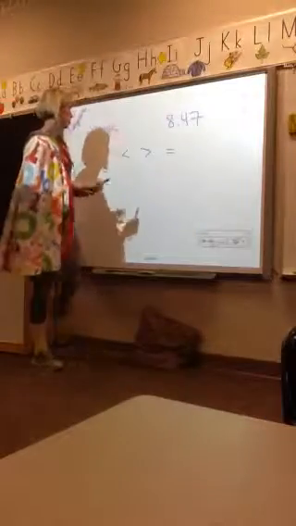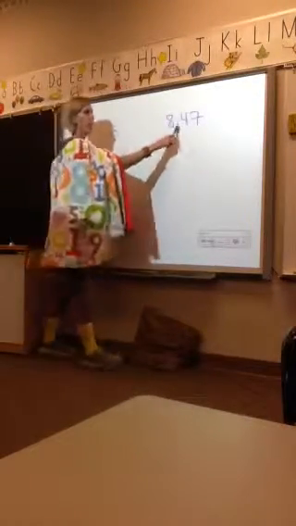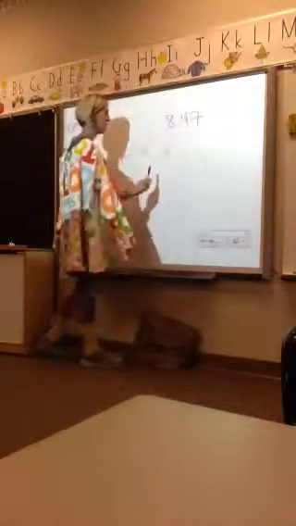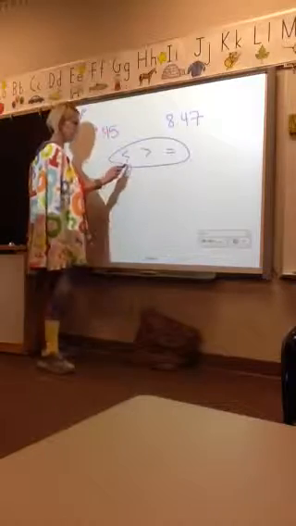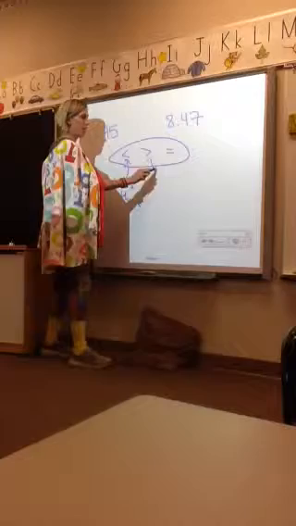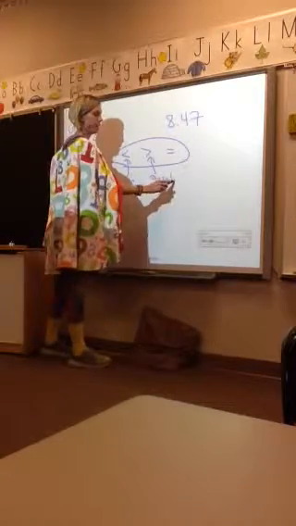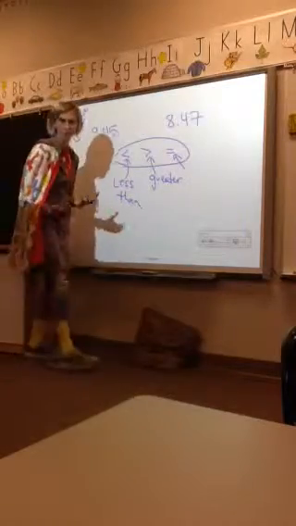So let's say we have 8 and 45 hundredths and 8 and 47 hundredths. We're going to compare it with inequalities. This being the less than sign, then we have the greater than sign, and the equal to. You can already tell these aren't equal. Okay, they're not the exact same number.